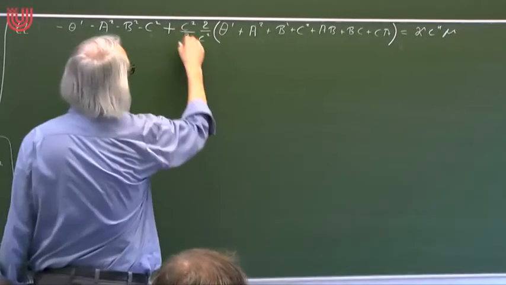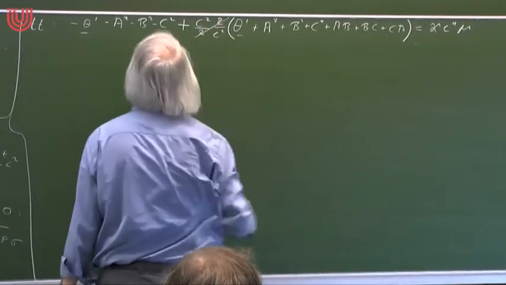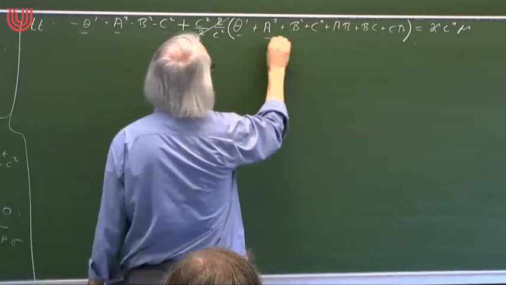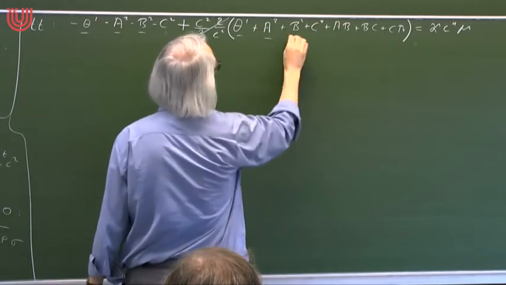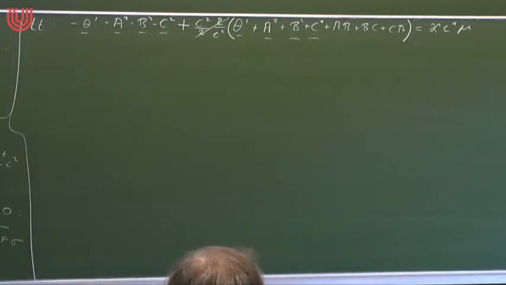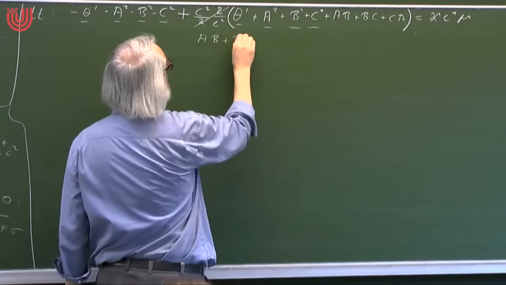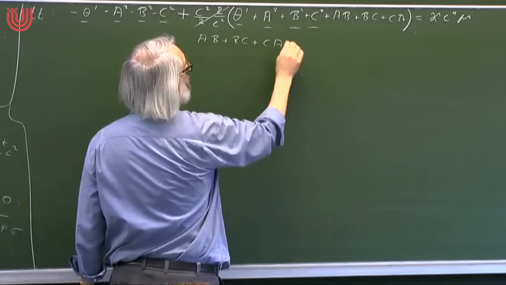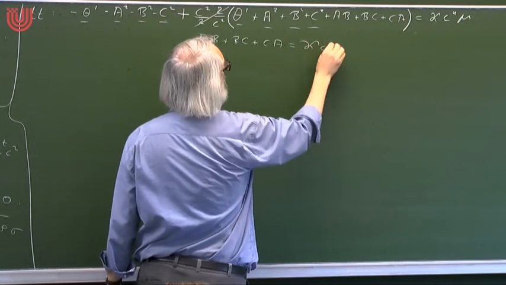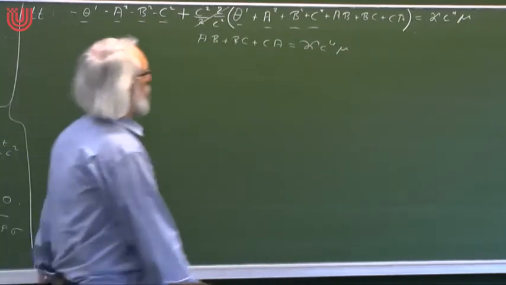Yes, this gives just the 1 here, so this goes away. Then I have minus theta prime plus theta prime, minus a squared plus a squared, minus b squared plus b squared, minus c squared plus c squared. So we have just ab plus bc plus ca is kappa c to the 4 mu. That's our first component of the field equation.